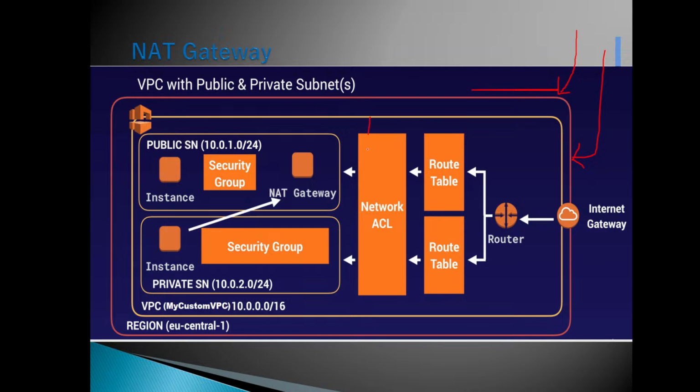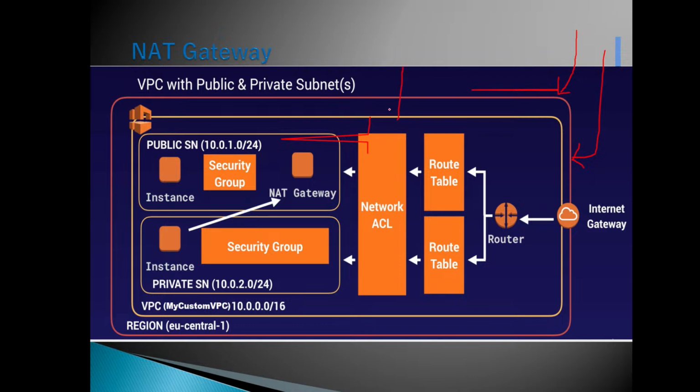That's why NACL comes in the picture. Network Access Control List. Network Access Control List is basically a superset of security group, where you can restrict the traffic coming into your network.